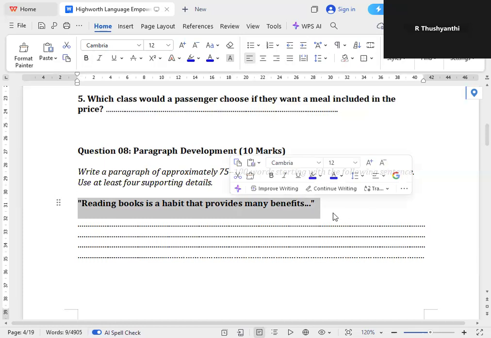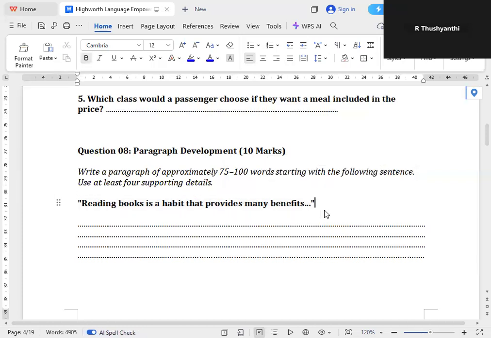When you read it carefully, you will understand on what topic you have to write. The first sentence says, reading books is a habit that provides many benefits.